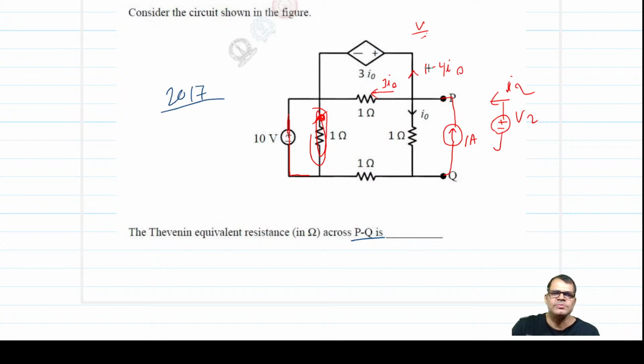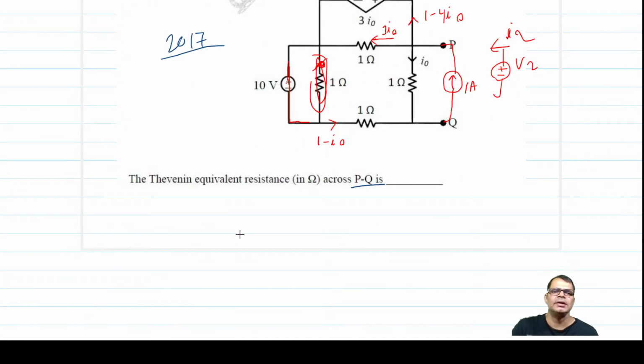Okay, this 4I0 and 3I0 will be merged here. So this current will be 1 minus I0. Now we are ready to find this voltage V. If we find this voltage V, it will be numerically equal to the Thevenin resistance.